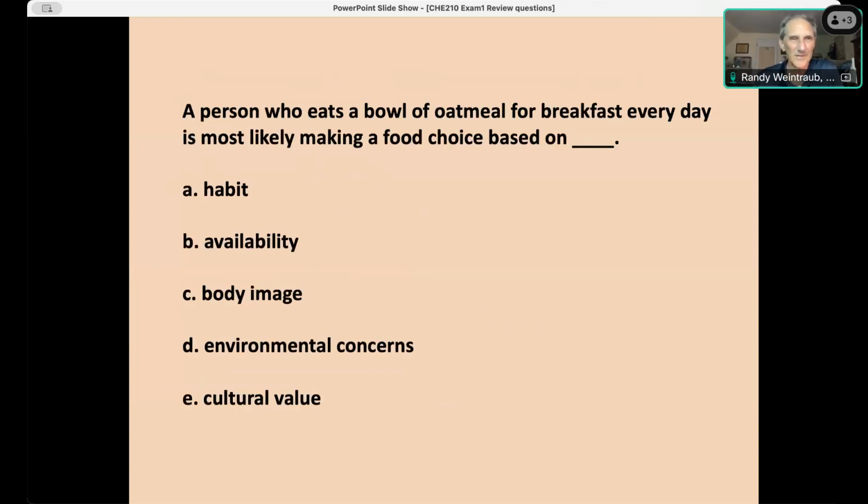For instance, this one: a person eats a bowl of oatmeal every day is most likely a food choice based on mostly a habit.